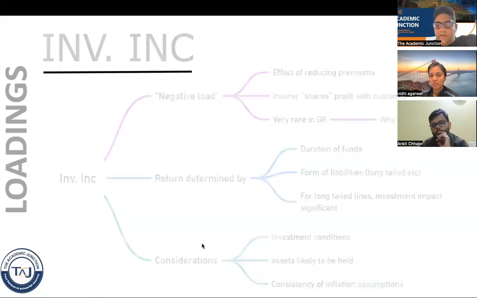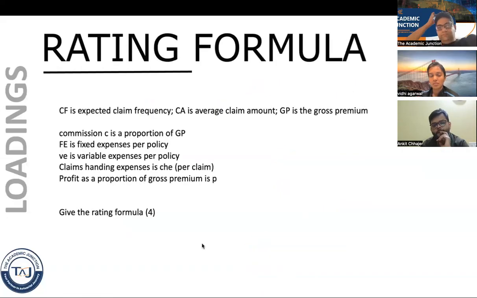All right. Now I'll ask you guys a question. This should be second nature to you when you're solving any pricing-related paper. The final outcome in pricing is to come up with a rating formula.